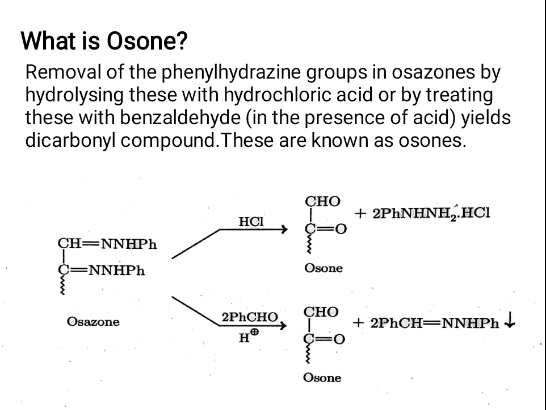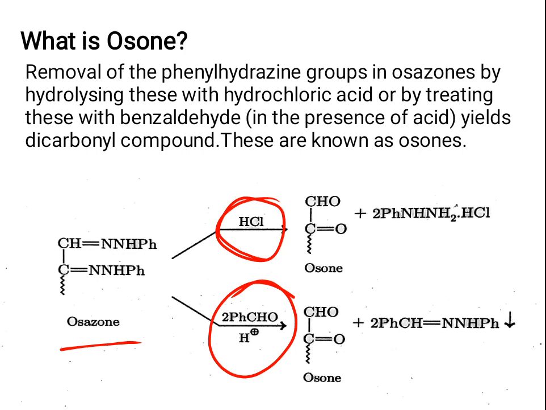So you have this osazone, and if you treat with HCl or just benzaldehyde in acidic medium, you will get a dicarbonyl compound. These dicarbonyl compounds are called osones. Osones. Don't say ozone, okay? Ozone is O3, and this is osone.